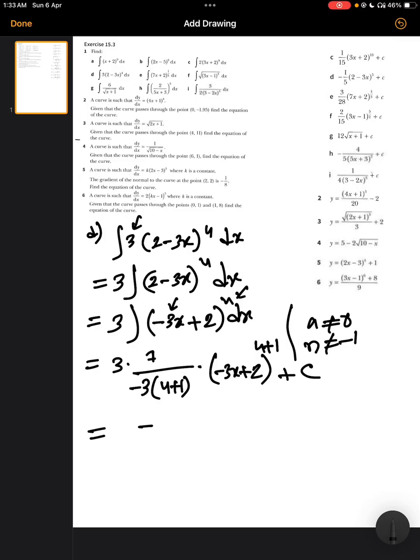So it becomes minus 1 by 5 times (2 minus 3x) to the power 5 plus c. This should be the result. Yeah, the result is absolutely right. So don't worry about it.